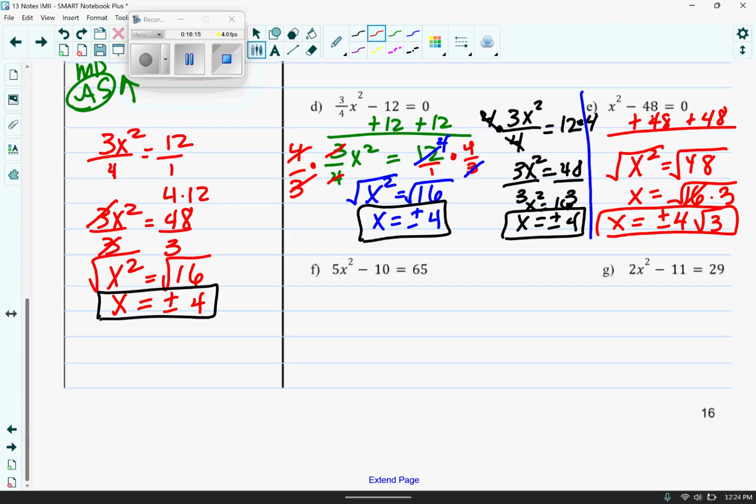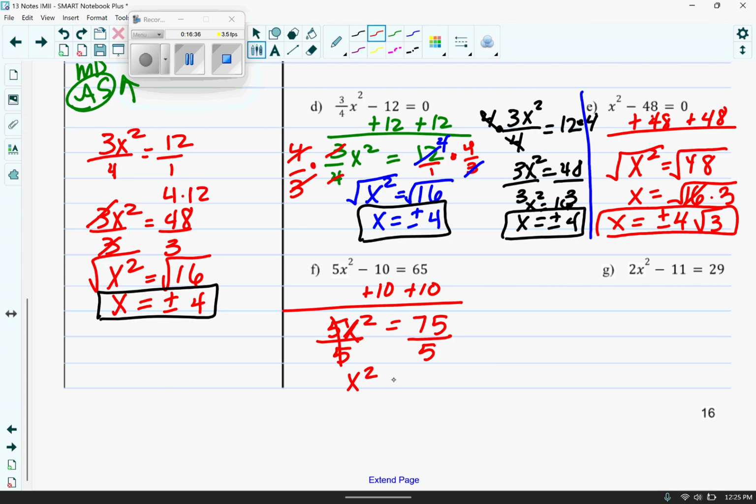On F, similar idea, we still want to get that x squared alone, so we're going to go plus 10, plus 10. 5x squared is equal to 75. Divide by 5 on both sides.